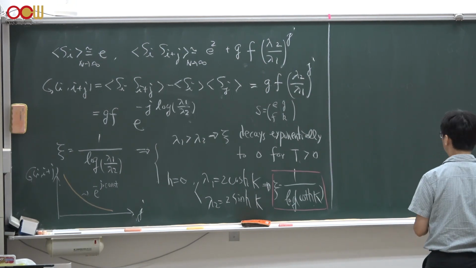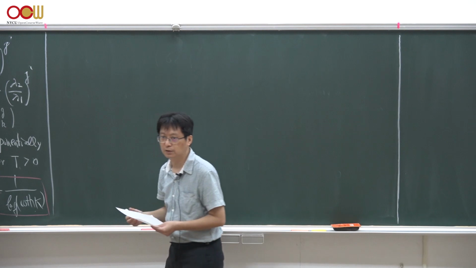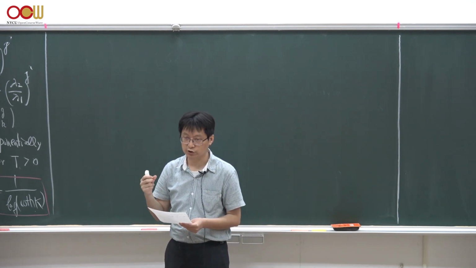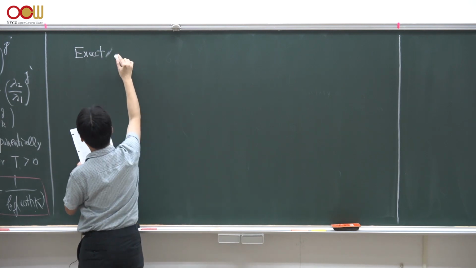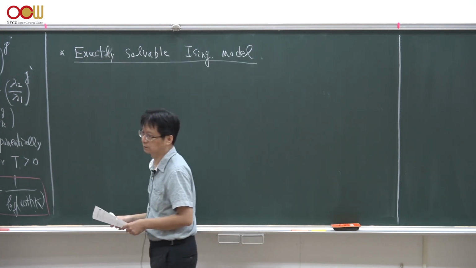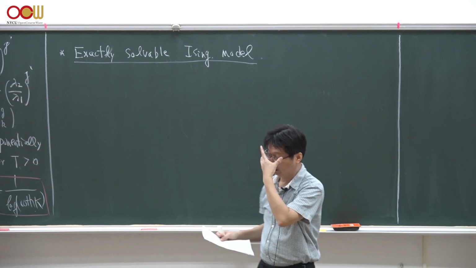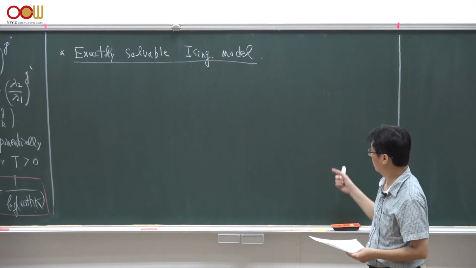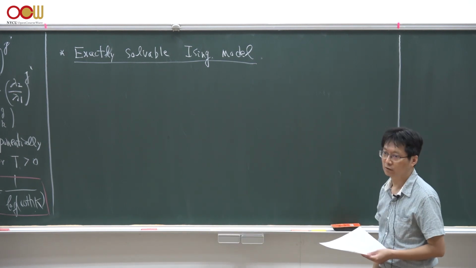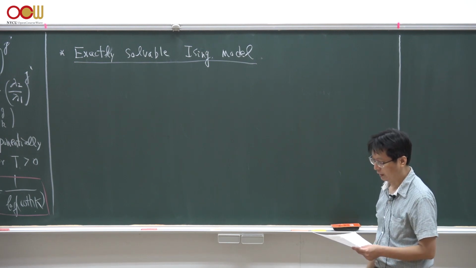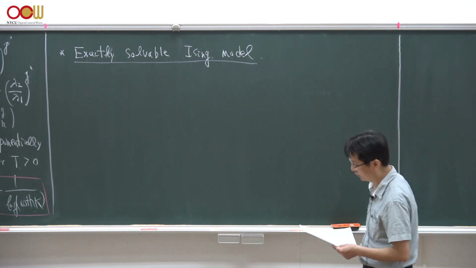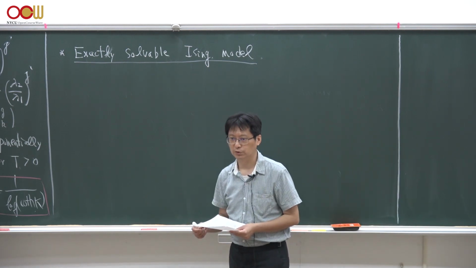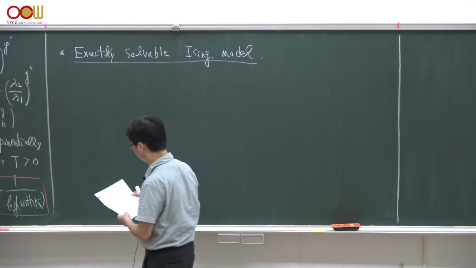But let us first provide an example where we can exactly solve the system, an exactly solvable Ising model. You'll see very beautiful results come out of this exactly solvable limit of the Ising model. After that, we can use some approximation, say mean field theory, for a more realistic Ising system.